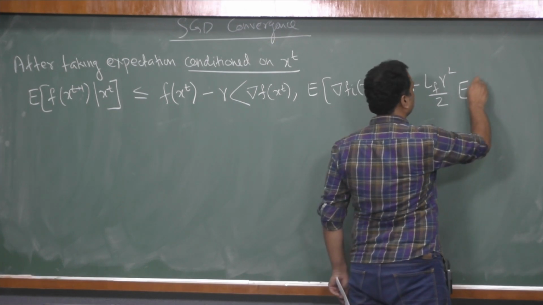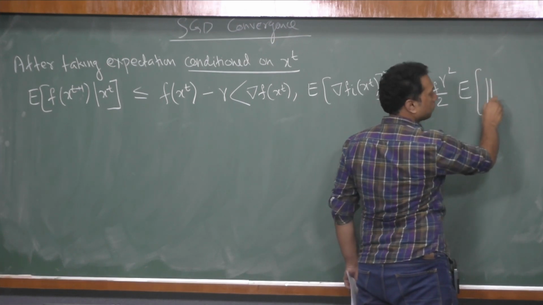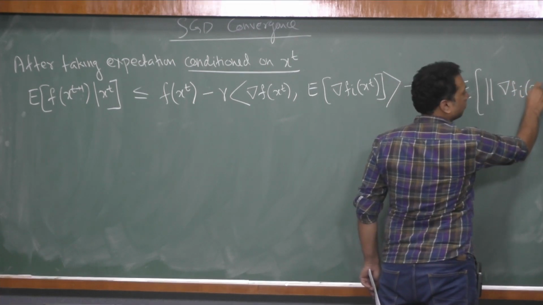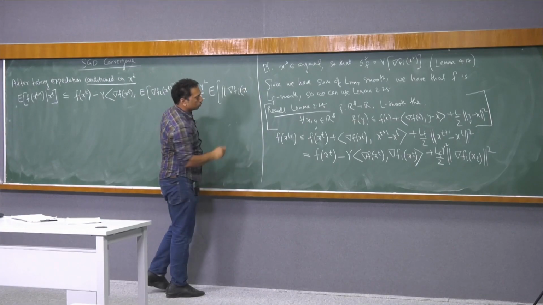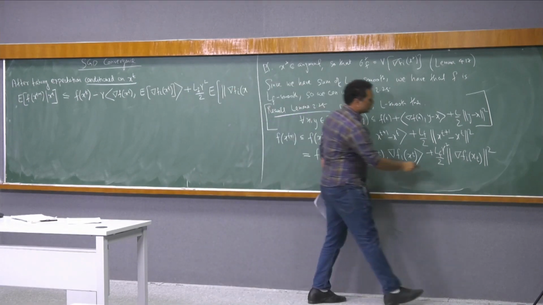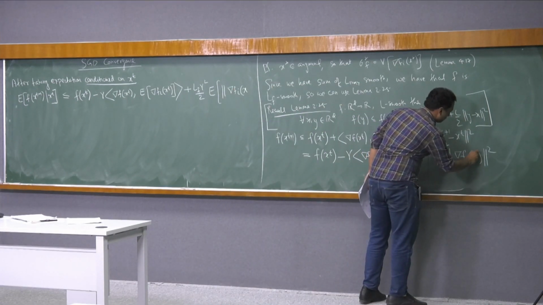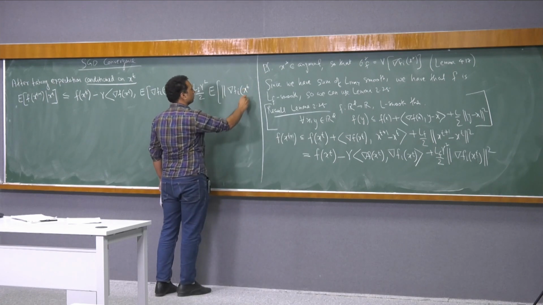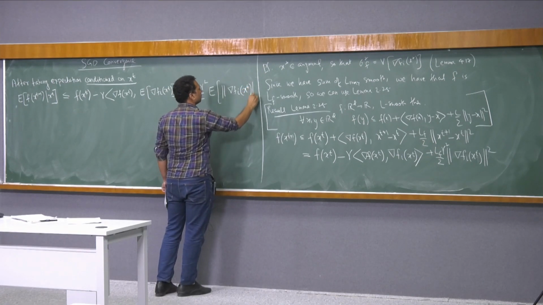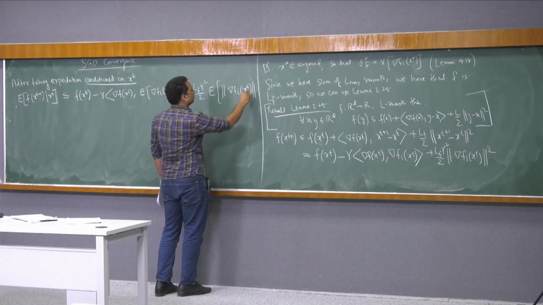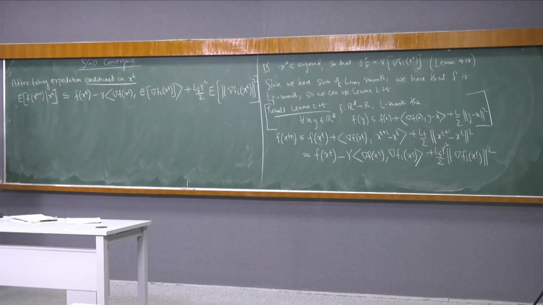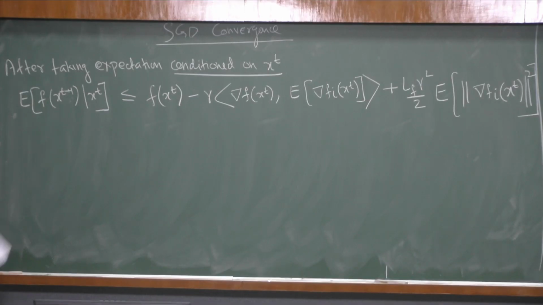So expectation of the norm of grad f_i(x^t). Why do we write t sometimes down? It should be always up. The iterates are usually written up. That's why I said, you see this once, after that it looks familiar.